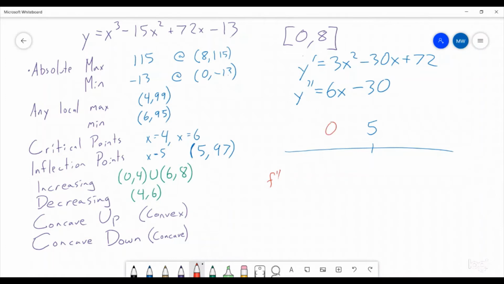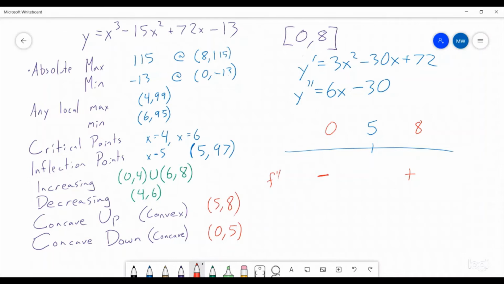So maybe 0 and 8. Well, when we plug in 0, we get negative, and when we plug in 8, we get a positive. So when it's negative, you're feeling down, you're going to frown, and that's concave down. So it's concave down on the interval from 0 to 5, and then it's concave up on the interval from 5 to 8.